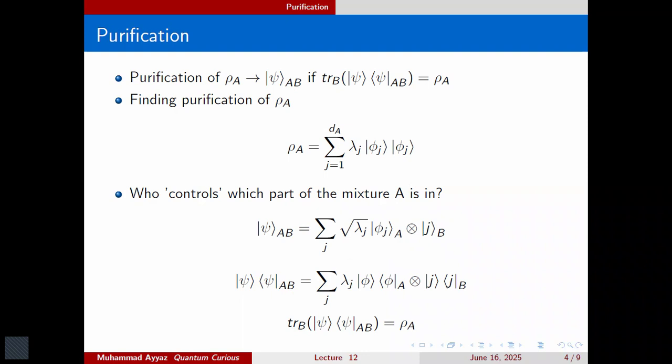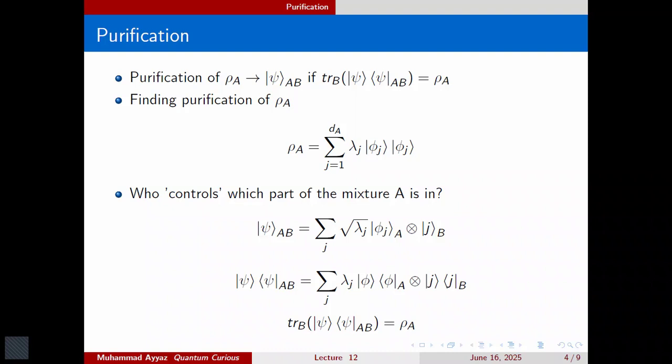The purification of a reduced state rho A is a pure state psi AB, with the condition that the partial trace over B gives us back the reduced state rho A. We will see how we can calculate the purification of any reduced state and what kind of properties it has.